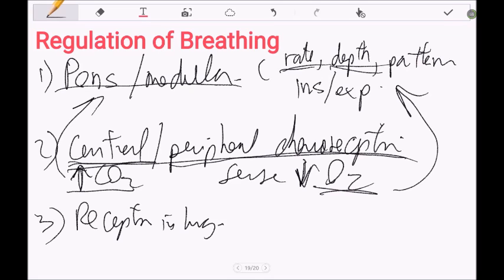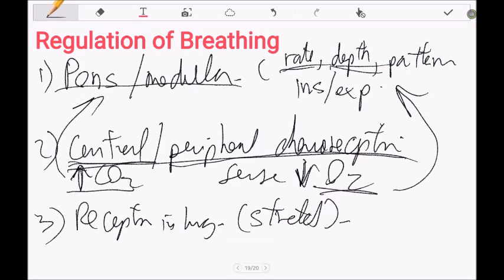And last but not least, the receptors in the lungs. They react to stretch, and it's more like a feedback mechanism. When you're breathing properly and there's a certain amount of stretch, that feedback is sent back to the brain, and the brain says, okay, that's normal. However, if people are not breathing properly due to pneumonia, asthma, whatever, then the lungs are not expanding as well, so there isn't that much stretch.